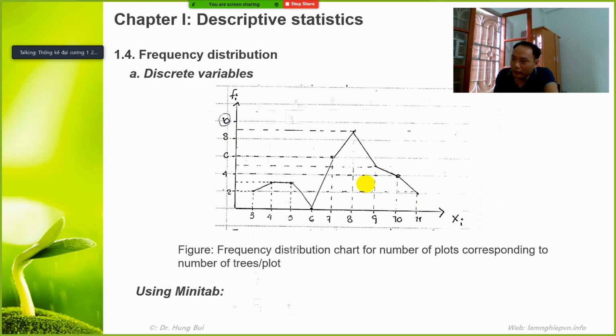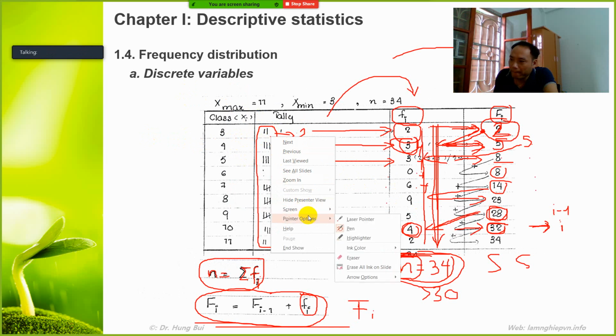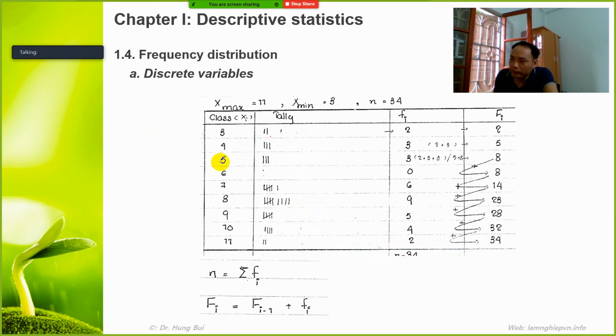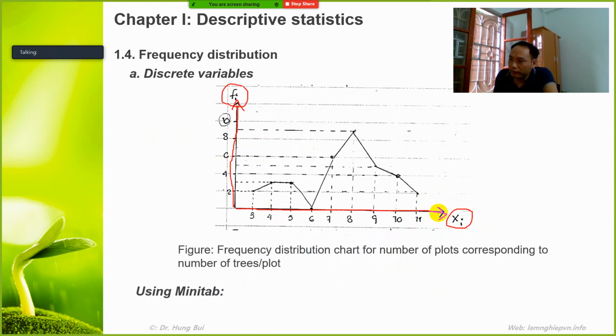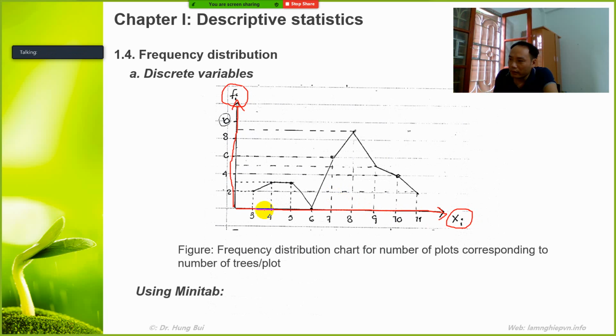Okay, so xi, look at this table. Here you can see that. And then on the xi axis, we divide by different intervals like that: 3, 4, 5, 6, 7.